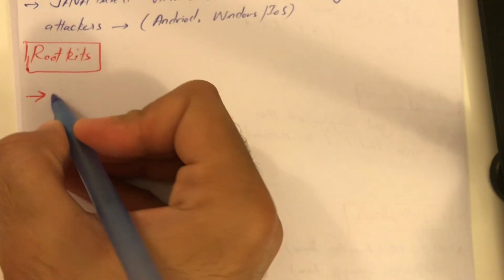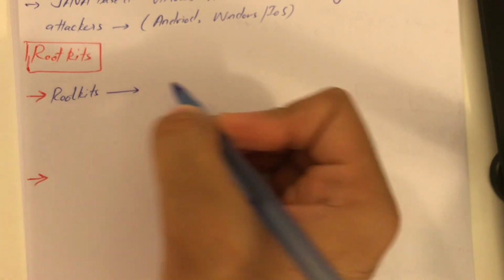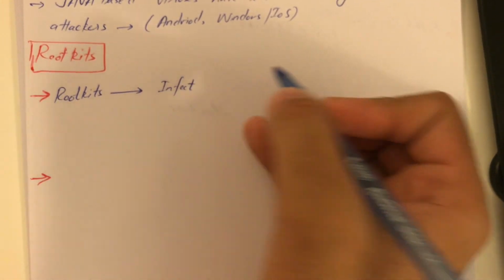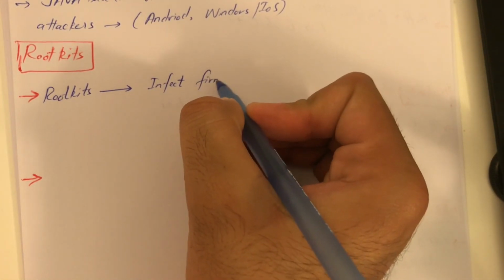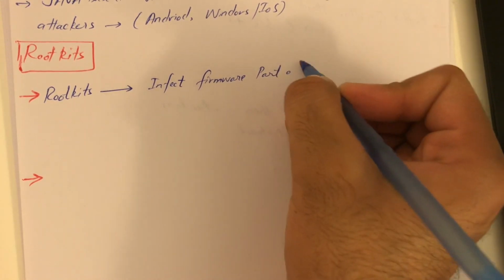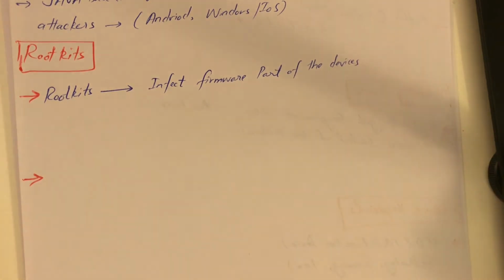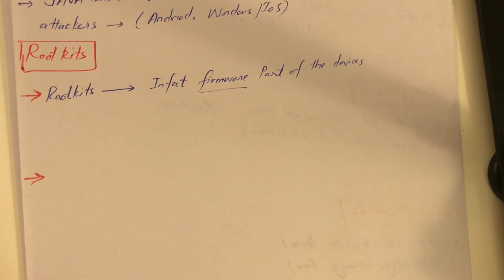Most rootkits in fact infect the firmware part of the devices. Such a rootkit is really dangerous, and that's the biggest threat.